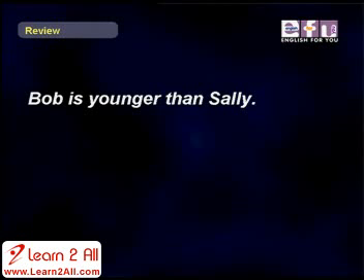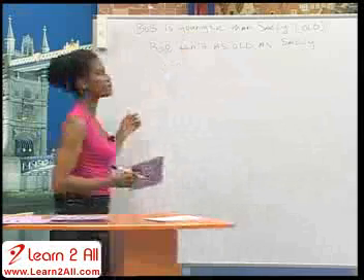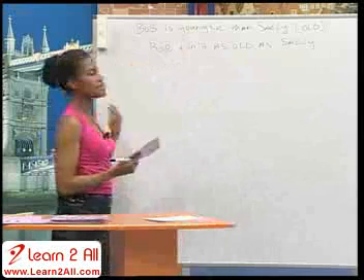Bob is younger than Sally. And then in parentheses we have old. So to use as, we would say, Bob isn't as old as Sally. Right? Because he's younger. So Bob isn't as old as Sally.